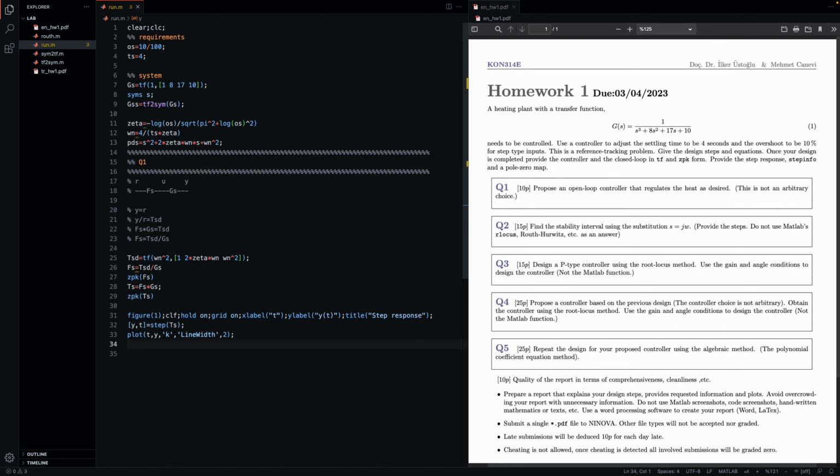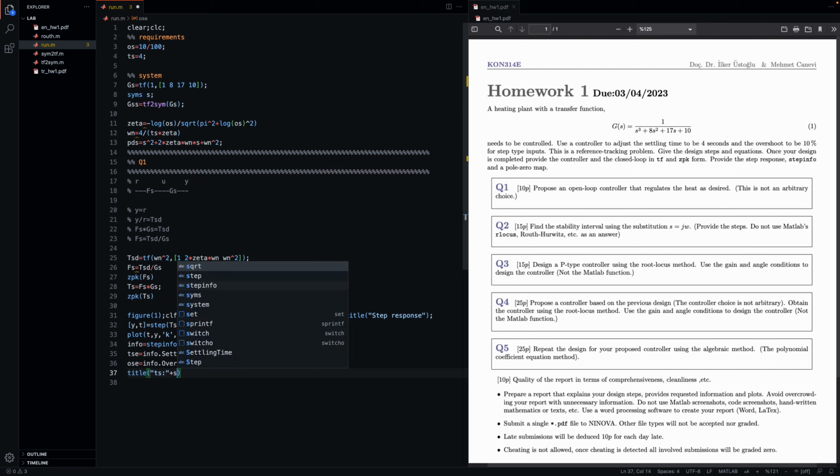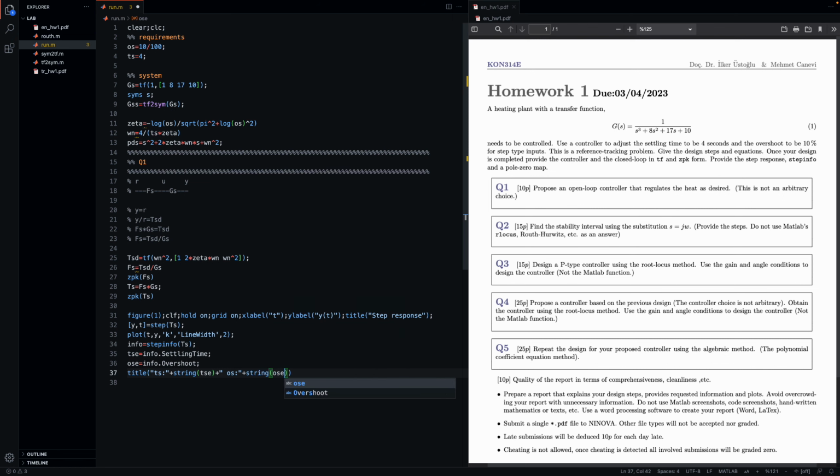Yeah. And we could also have info equals stepinfo ts, and then maybe TSE is info dot settling time, and OSE is going to be info dot overshoot, so that we can actually create or update the title with ts plus string TSE and then plus overshoot plus string overshoot plus percentage maybe.